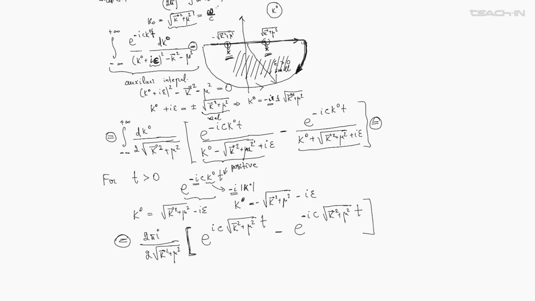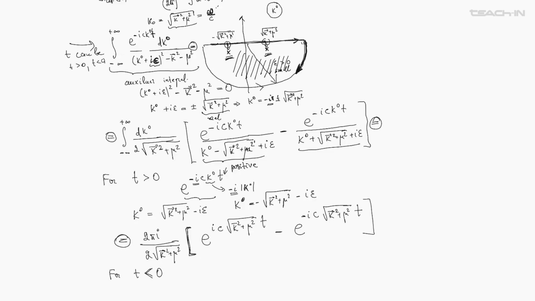Now, of course, if you consider t less than 0, here my argument t, in the original integral, t can be anything. It can be bigger than 0, and it can be less than 0. For t bigger than 0, we said we need to close the contour in the lower half plane. For t less than 0, the situation is actually the opposite.